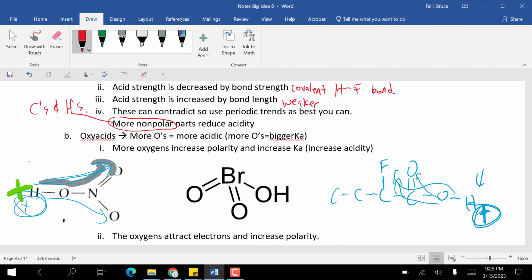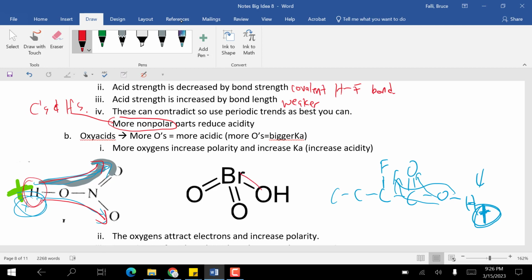Oxyacids: more O's makes it more acidic. Remember, O is super attractive to electrons. If I'm looking at HNO3 here, these O's are so attractive to electrons that they all leave this area and it becomes super amazingly positive. That's why it's so good at separating.